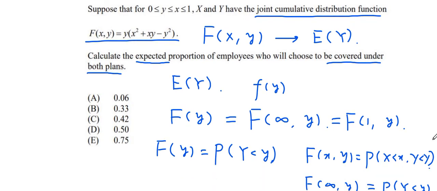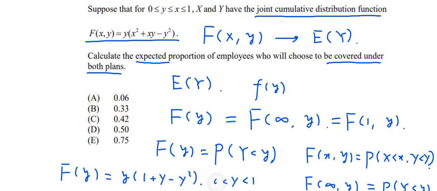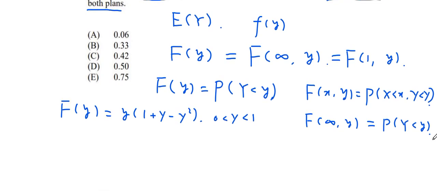We have F_Y equals 1 plus y minus y squared, and the range for y is between 0 and 1.